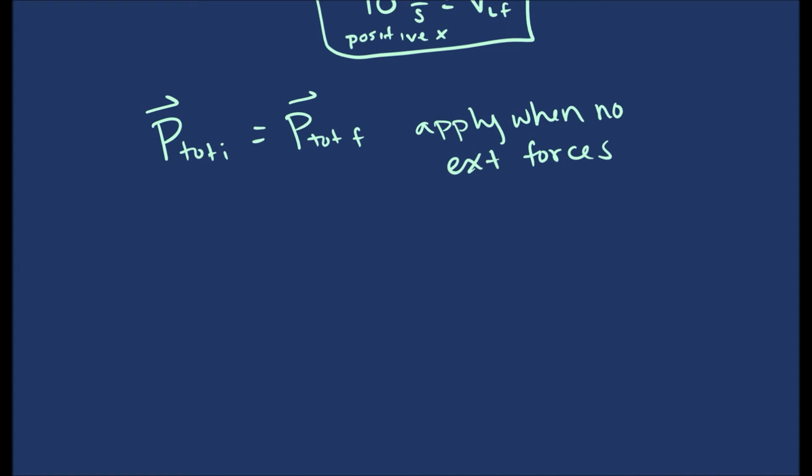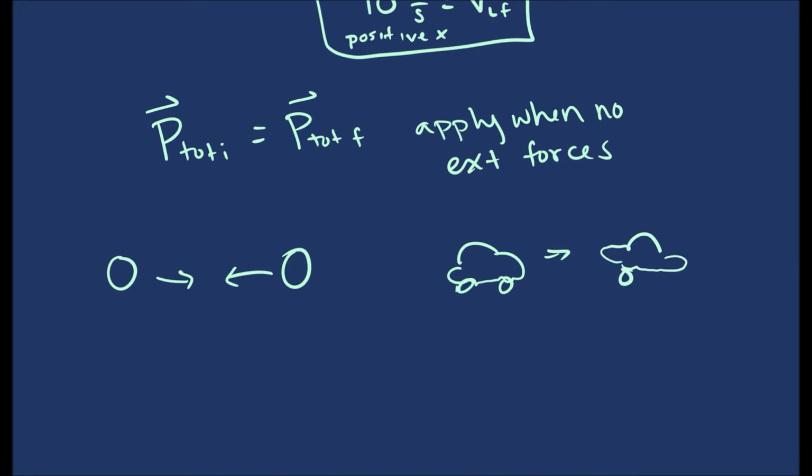In real life, if we look at things like billiard balls colliding on a pool table, or two cars crashing, and apologize for my terrible artwork here, let's say we have two cars that are going to crash. We do have friction forces and air resistance acting on these, so technically, it's kind of hard to say that there's no external forces.